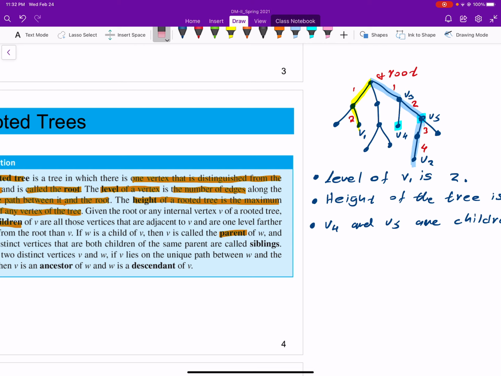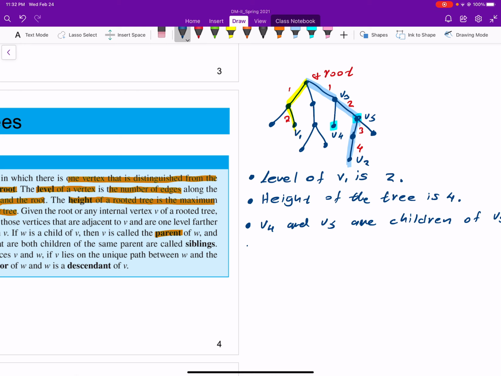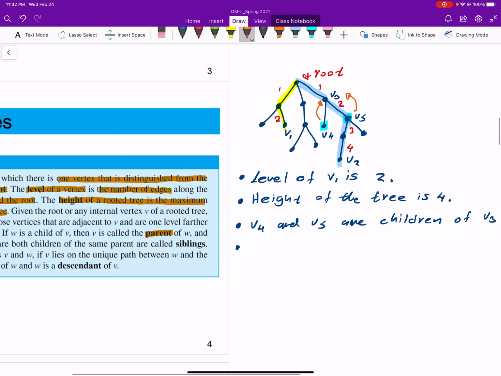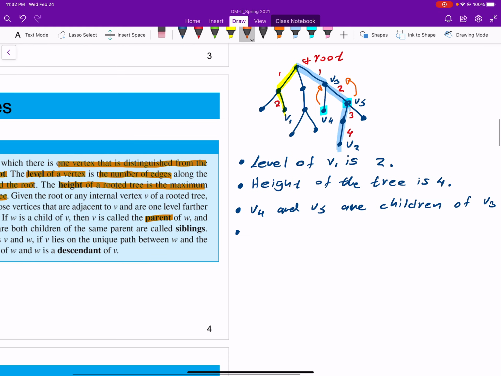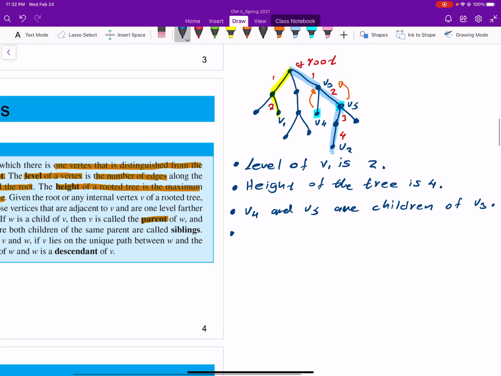If W is a child of V, then V is called the parent of W. That means V3 is the parent of V4 and V5.